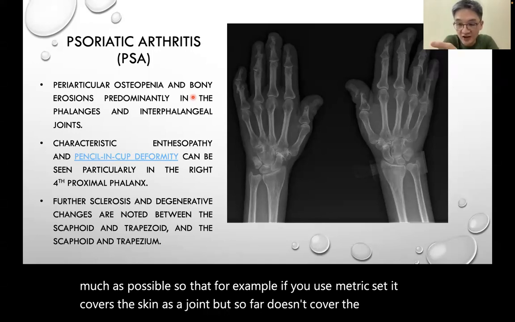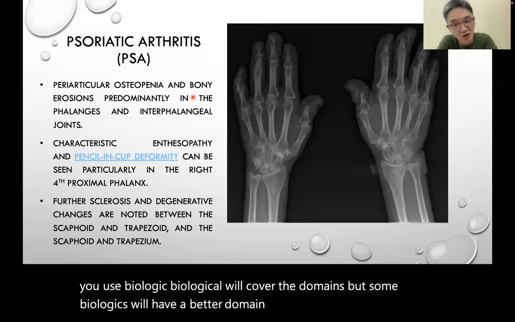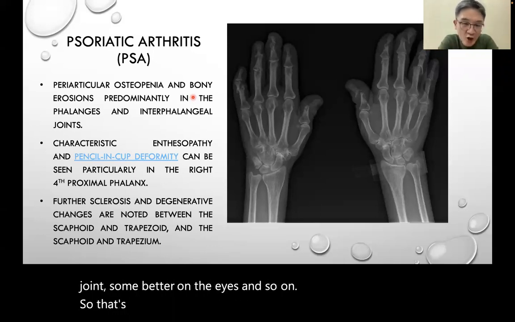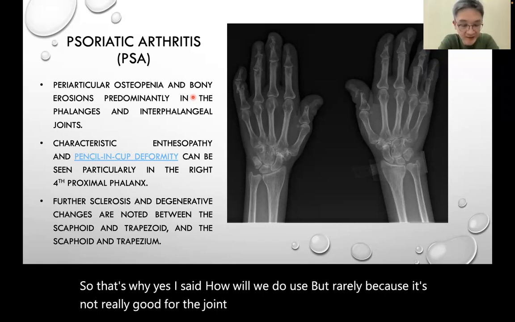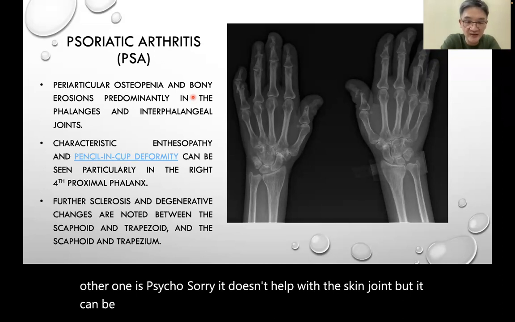Biologics cover the domains, but some have better control on skin, some better on the joint, some better on the eyes, and so on. Azathioprine we do use, but rarely, because it's not really good for the joint. It may be helpful for the skin. Another one is cyclosporine. It doesn't help with the joint, but it can be used by dermatologists.